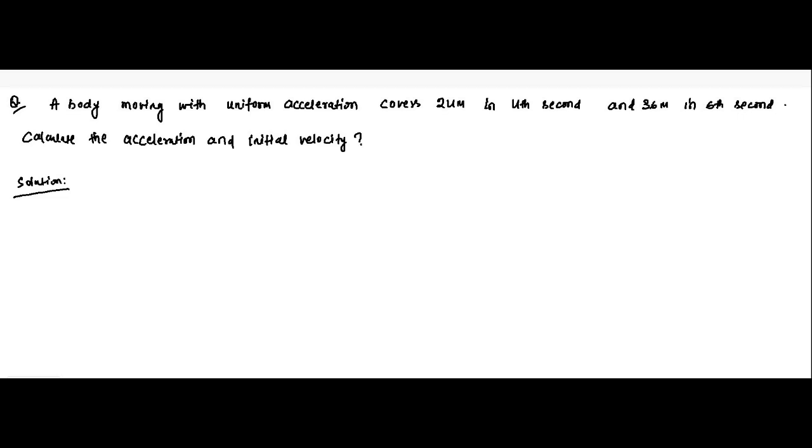So again, it is based on the displacement during the nth second, the particular time. Sn is equal to u plus a by 2 into 2n minus 1. This equation of motion it is based on.